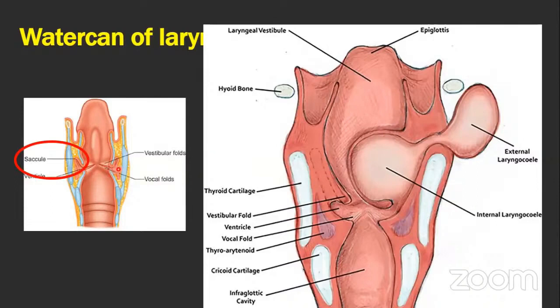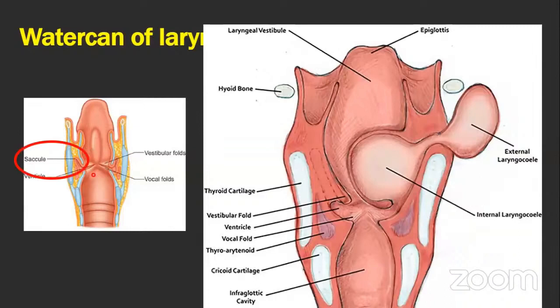The anterior part of this laryngeal ventricle will extend between the false cord and the thyroid cartilage. This blue is the thyroid cartilage. That extension is called the saccule, and the saccule has plenty of mucous glands.